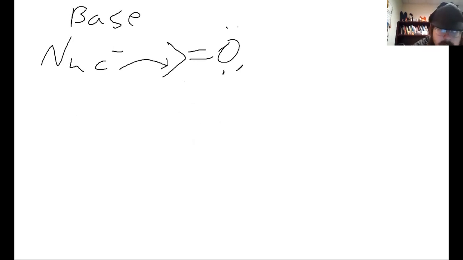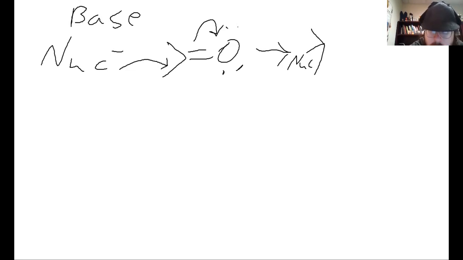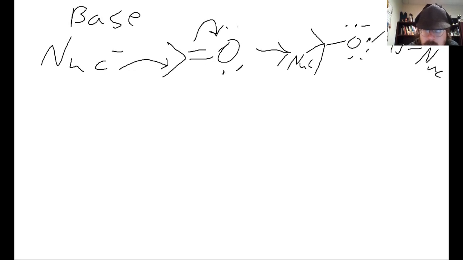Base attacks, and we form the oxygen oxide, and then that oxide can then deprotonate a protonated nucleophile, and thus forming this compound, OH.